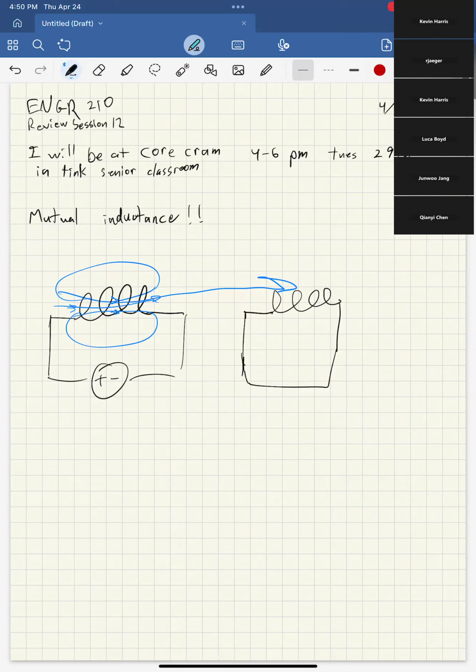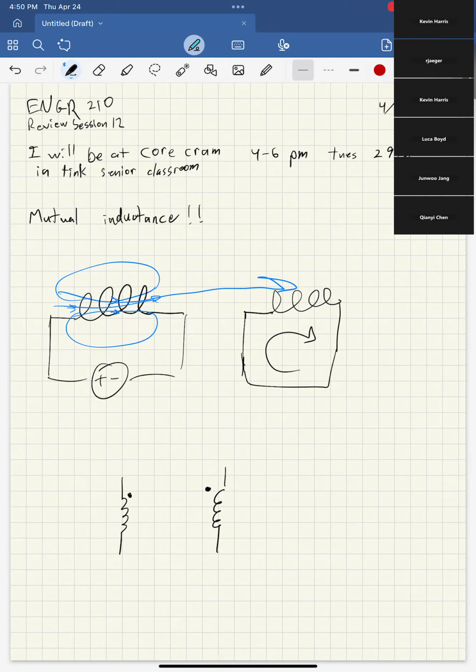That's the idea of what we're dealing with here, and the way that we deal with this is through the dot convention that you have learned in class this week. If I have some inductor and we draw a little dot on it, and I have another inductor that also gets a little dot, the dot tells you the direction of the inductor relative to the other one.